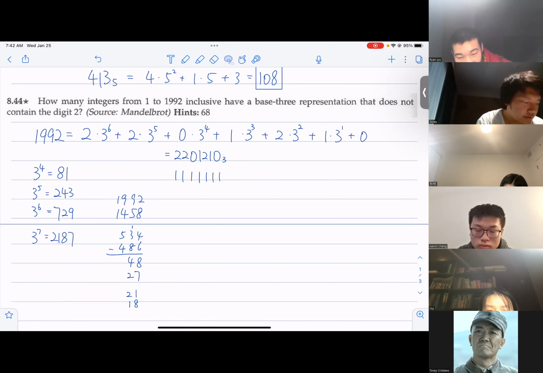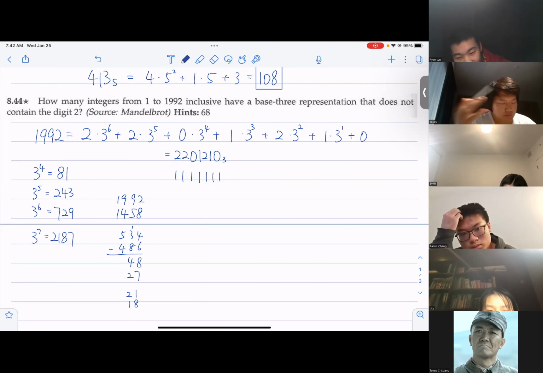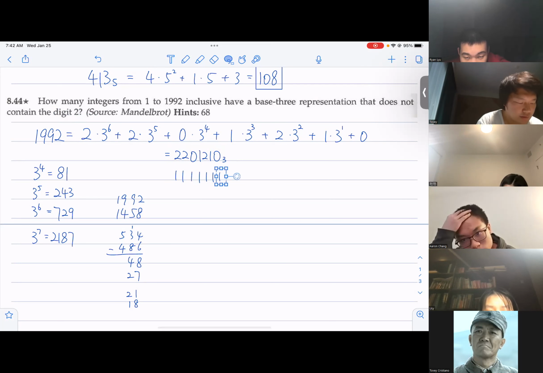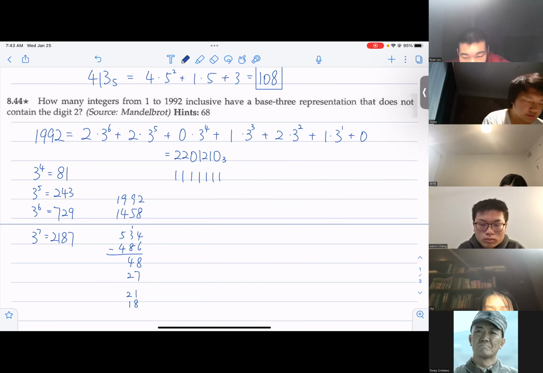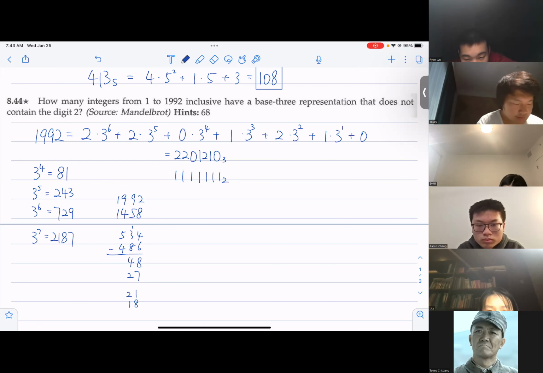And again, since we don't really have the digit 2, all the numbers that should be counted are 0, 1, 10, 11, 100, 101, 110, 111. So all the numbers that can be counted would actually be binary numbers up to 1111111.